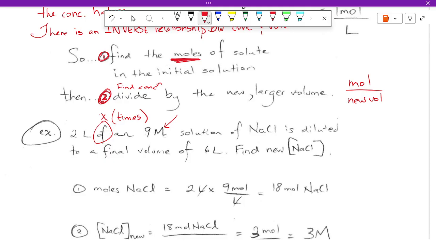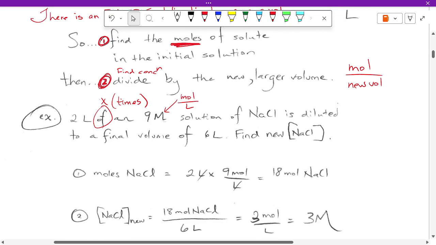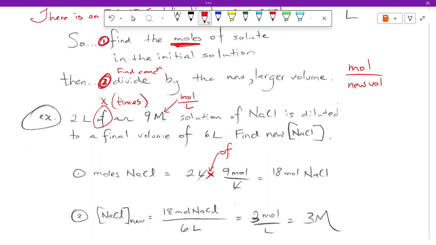Molar, but how could we expand that unit? Moles over liters. So when we're doing a conversion, we should expand it so that we can say, I have 2 liters of, which is times, 9 moles per liter. So I have 2 liters of 9 molar, and that gives me a total of 18 moles.